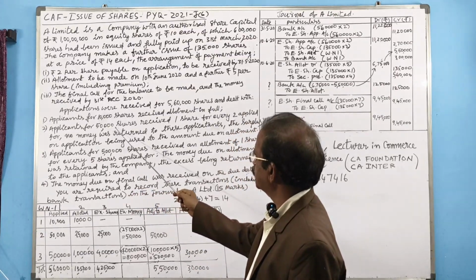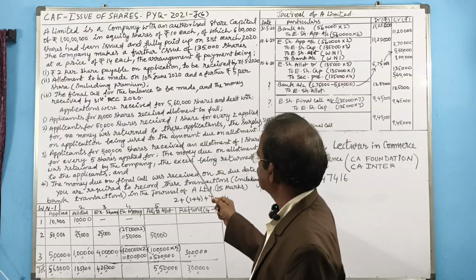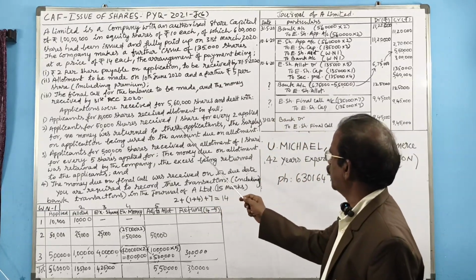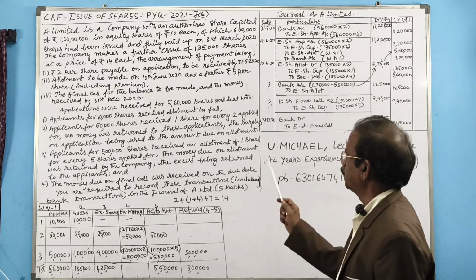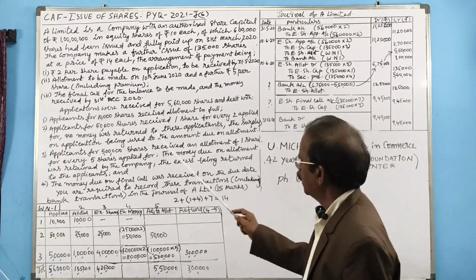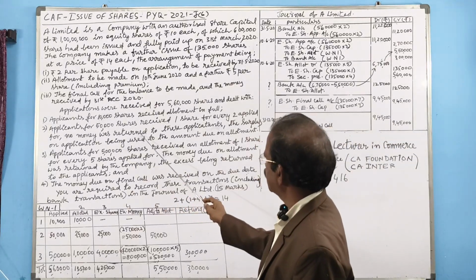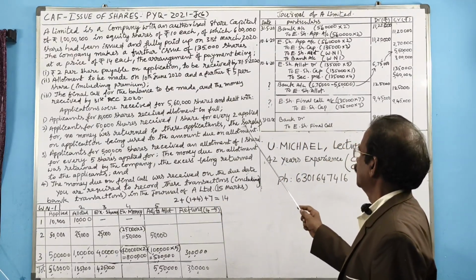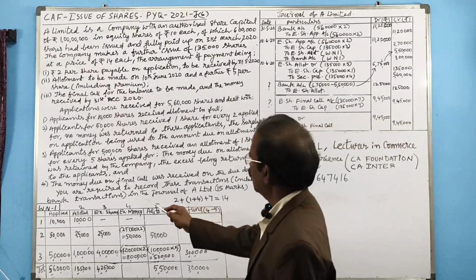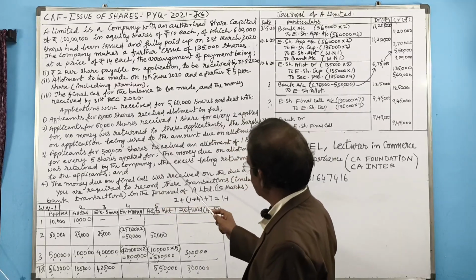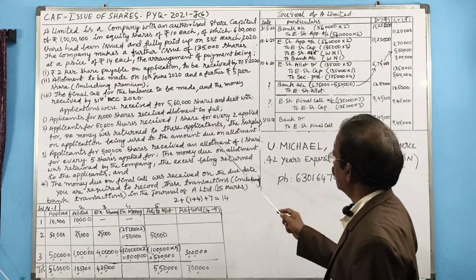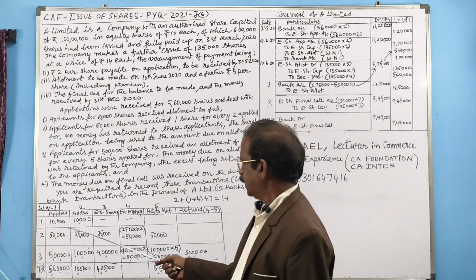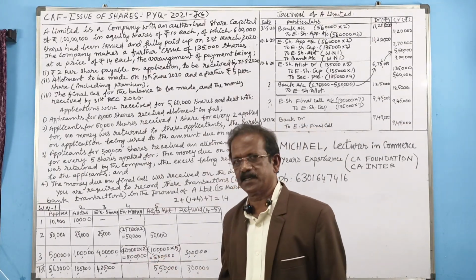Take the second point. Applicants for 50,000 shares received 1 share for every 2 shares applied for, that is 1:2. No money was returned to these applicants, the surplus on application being used for the amount due on allotment. It means they applied for 50,000 shares.